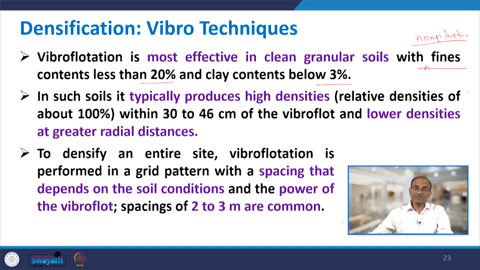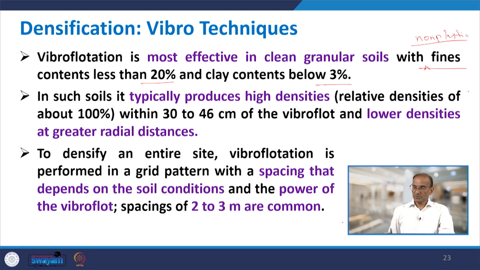In granular soils, it typically produces high densities, that is relative density of about 100% within 30 to 46 centimeter of the vibro float, and lower densification at greater radial distances. To densify the entire site, vibro flotation is performed in a grid pattern.